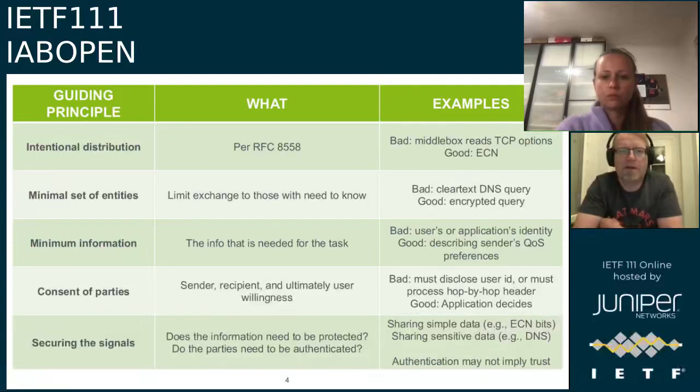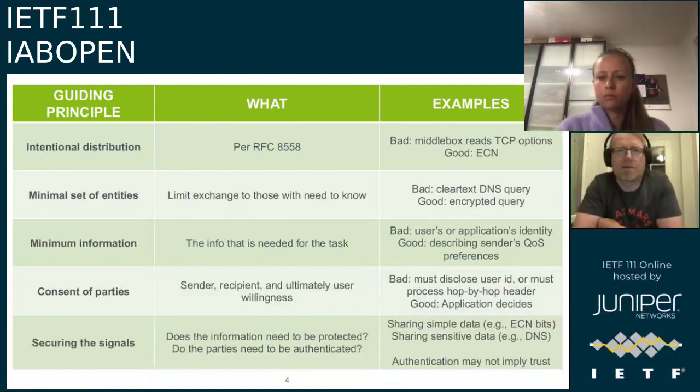Moving on, so minimum information. Don't provide information that is sort of extra, just the information that is needed for the task. So some bad examples that you could try and do, like if you try to communicate the user's identity or real world identity, or application's exact identity, that's probably bad for a number of reasons.